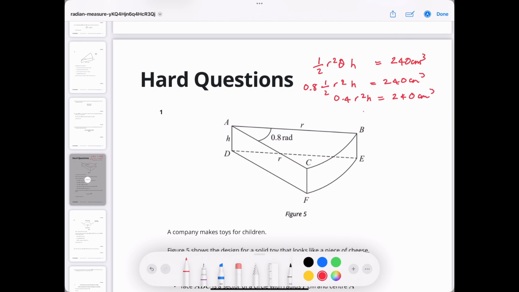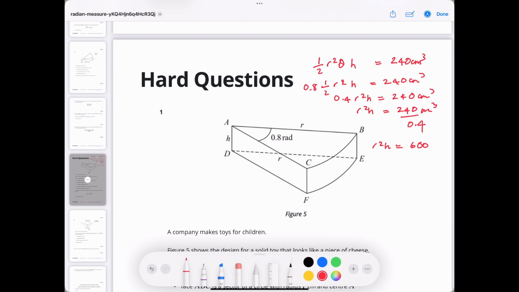So r squared h equals 240 over 0.4, which I think gives me 600, but let me see. So that's 600.